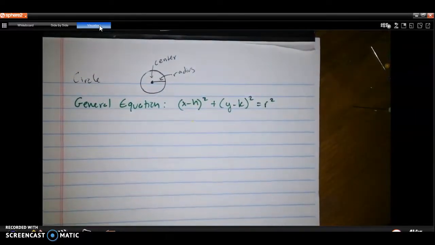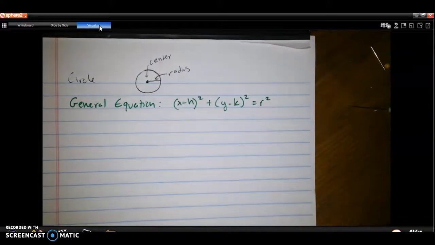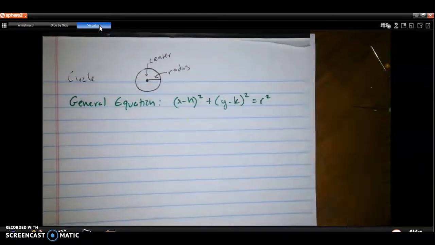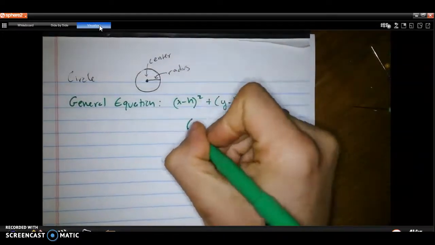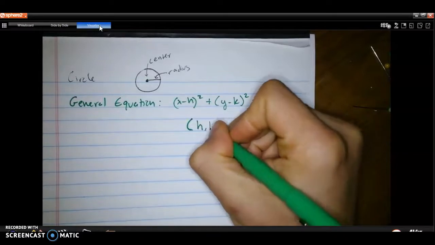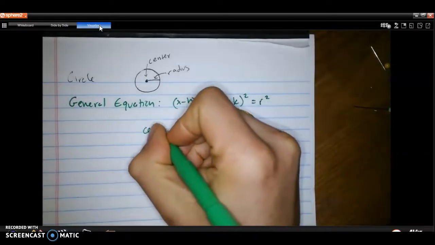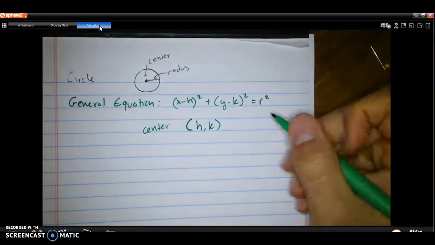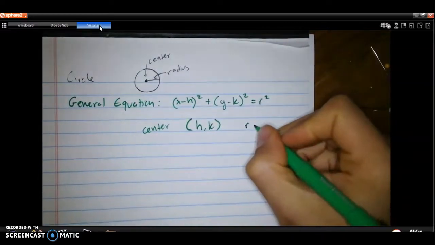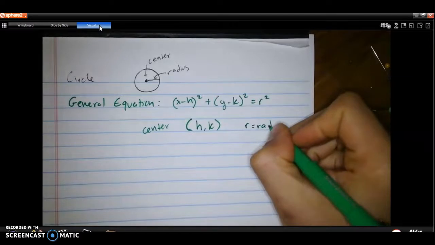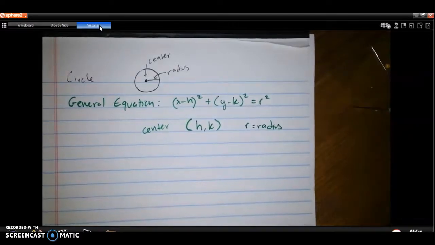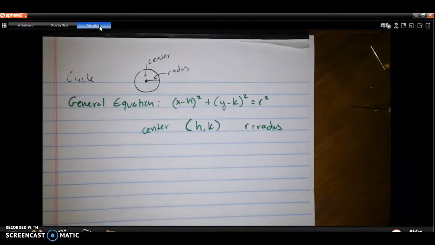We're going to be putting numbers into this, right? And in fact, these numbers are based on the center and the radius. The center of our circle is (h, k). And as you could probably guess, r is the radius. All right, pretty straightforward. I'm going to do two or three examples. I'm going to give one for you guys to try, and then we'll work from there.